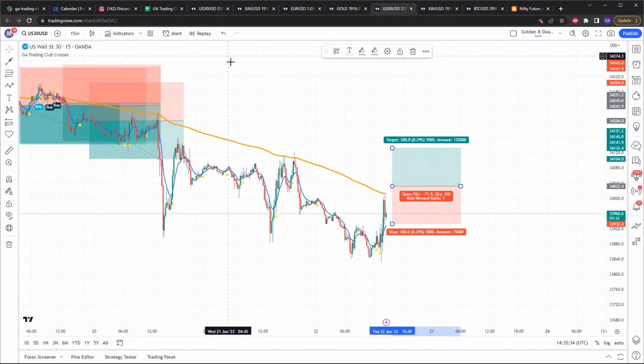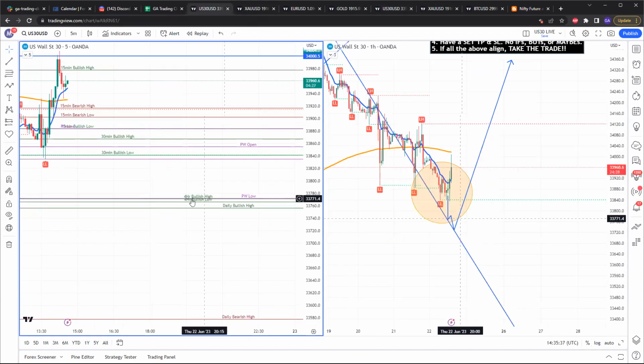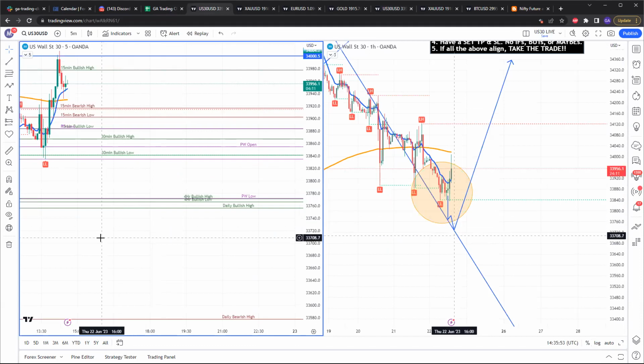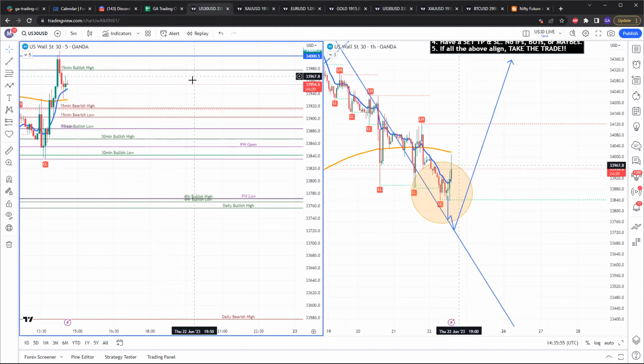So let me put it this way. My ideal buy on US 30 is 33,775 to 33,700 area. This buy on the crosses indicator, I would say maybe has a 60 to 70% chance of probability, mostly because we have liquidity down here, if that makes sense. So this buy, the 33,775, has like a 90% probability.